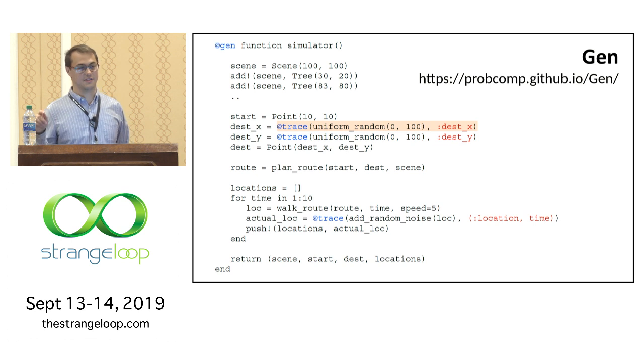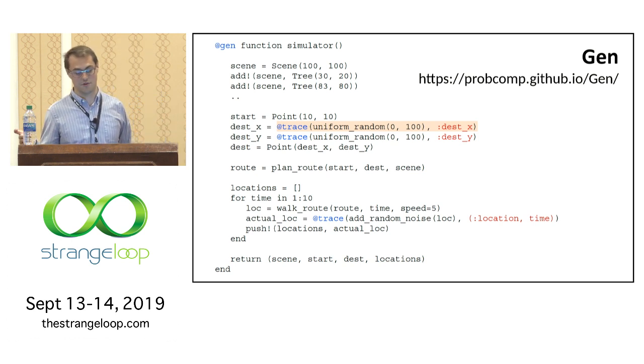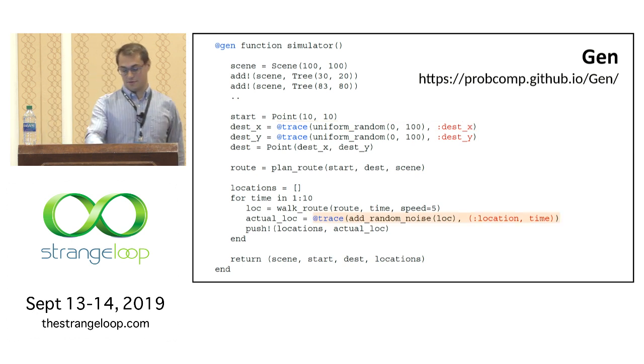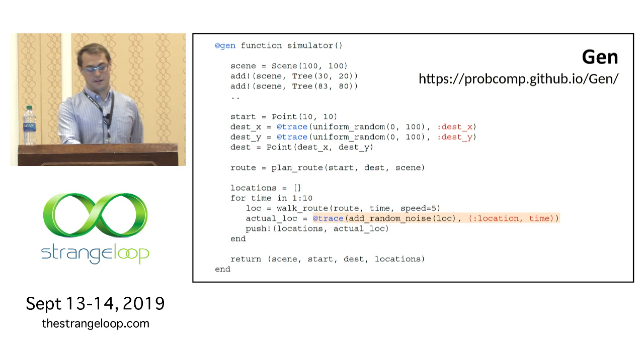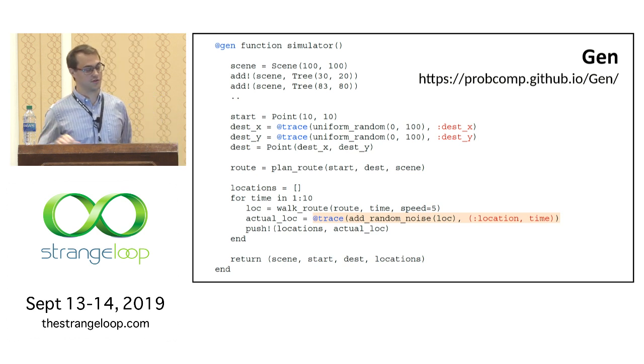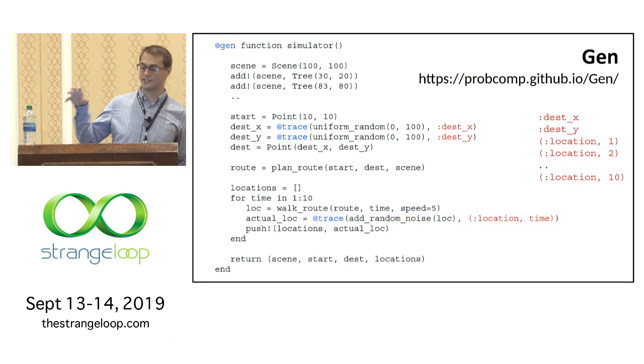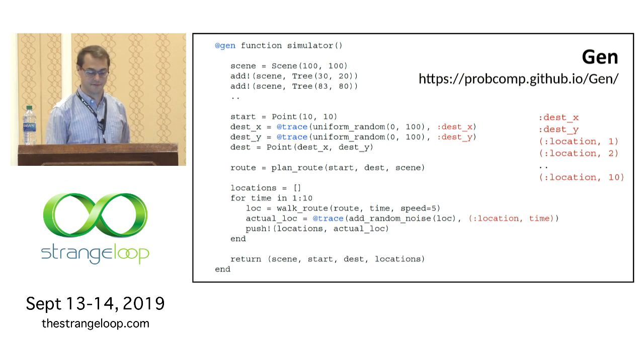We're using this @trace expression, which is a Gen expression, and we're assigning some of these random choices a unique ID, shown in red. These destination IDs are dest x, dest y. There are IDs for the actual location, which are these tuples, location 1, location 2, and so on. The full set of IDs for this simulator is shown on the right in red.